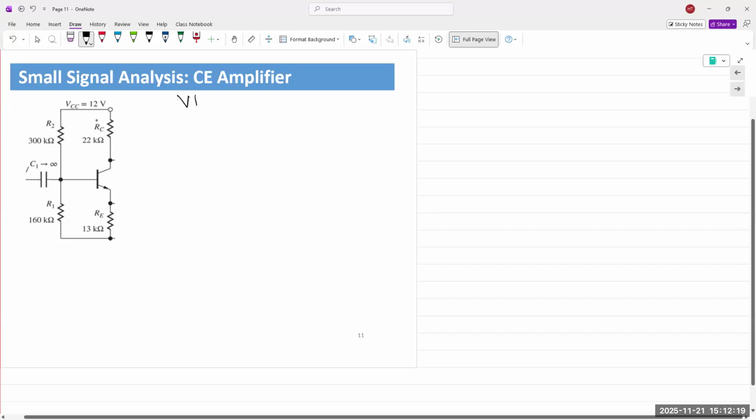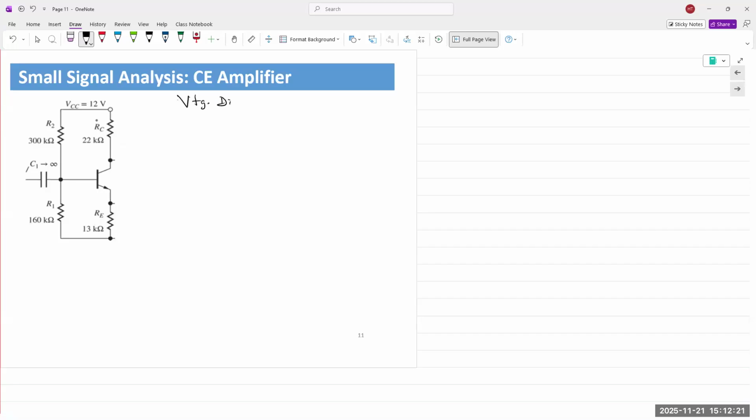This amplifier uses a voltage divider bias, right? We will use the small signal analysis model to analyze the circuit.